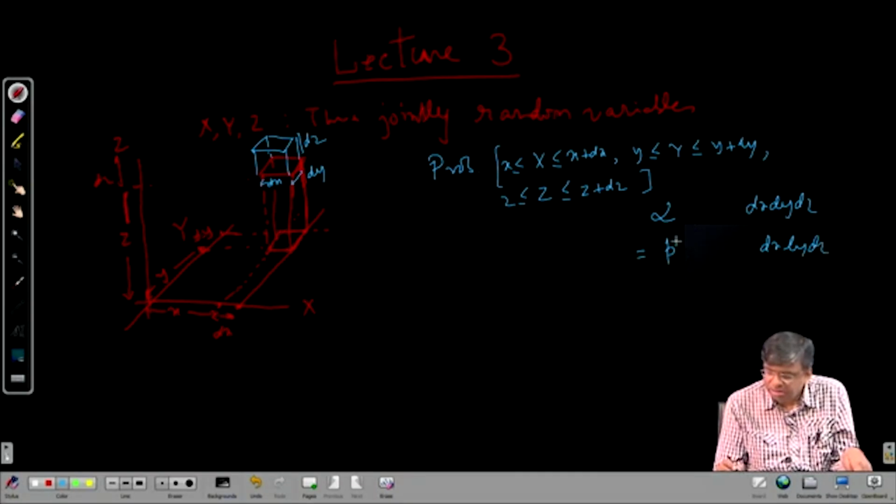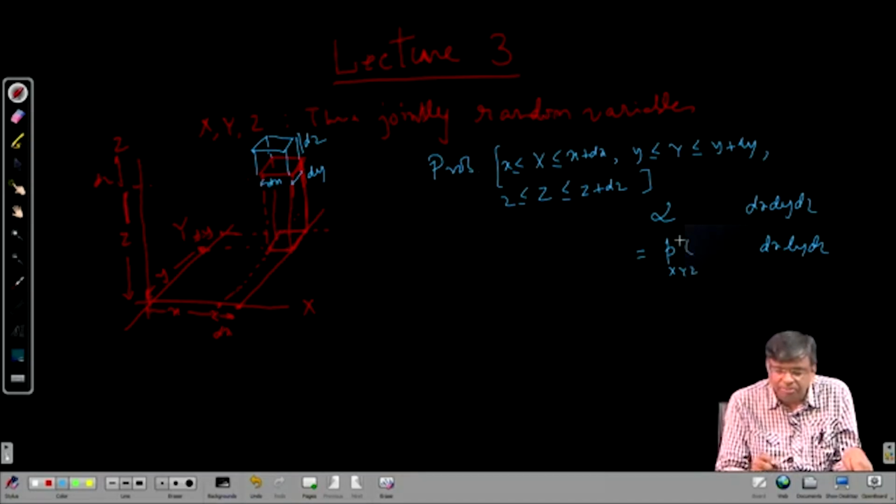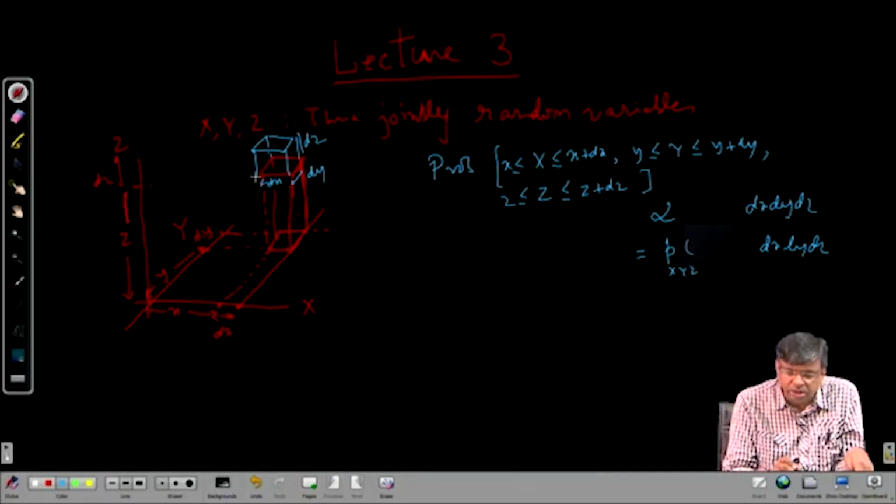P, and I write here x, y, z to indicate the random variables involved, and this will depend on the location in which the box is located, that is this point. Okay. This point gives the full idea about all the other vertices. If I move the box to some other place in this three dimensional space, dx remains same, dy may remain same, dz may remain same, the probability will change.